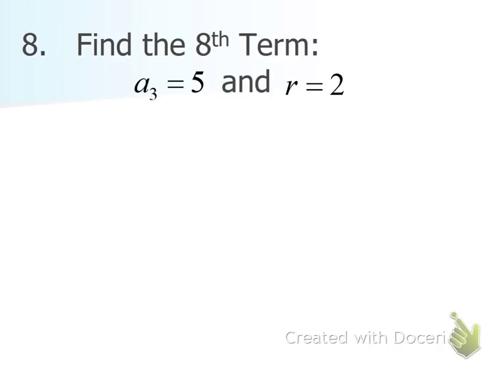So let's just do this one in our heads, and we're going to leave it at the 8th term. If you understand the third term's 5 and the ratio's 2, you could go 5 times 2 times 2 times 2 to get to the 8th. Would you agree with that? Or you could say, if the ratio's 2, I'm just going to put this in here: 4, 5, 6, 7, 8.